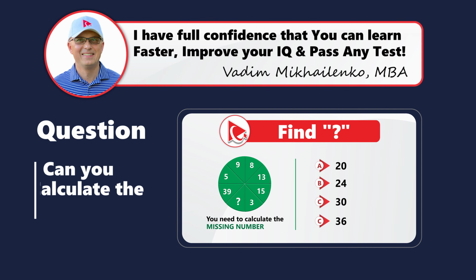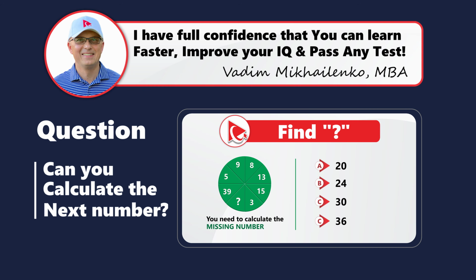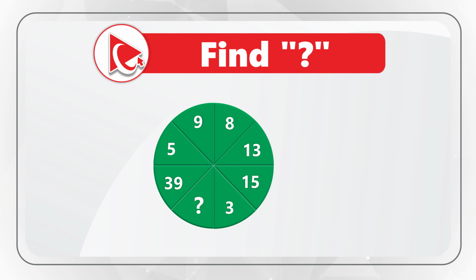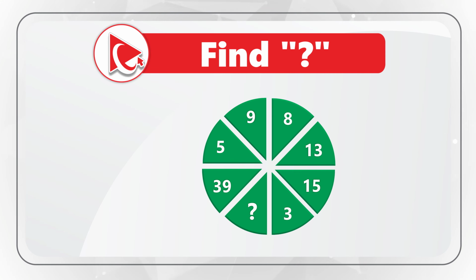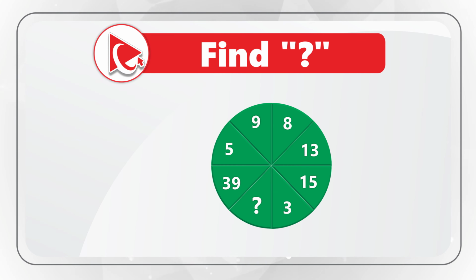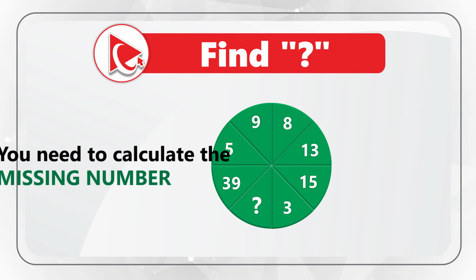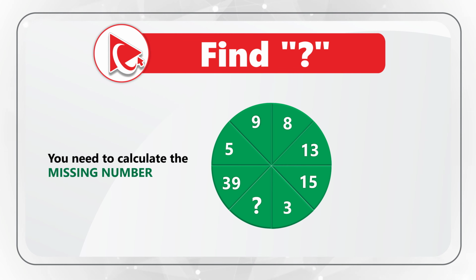Here's the problem some people might find challenging, but in reality, it's very easy to solve. You're presented with the circle, broken down into 8 sections. In each section, there is a number, and in one section, number is missing, and you need to calculate the missing number.